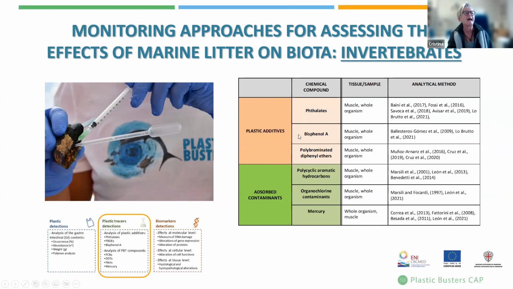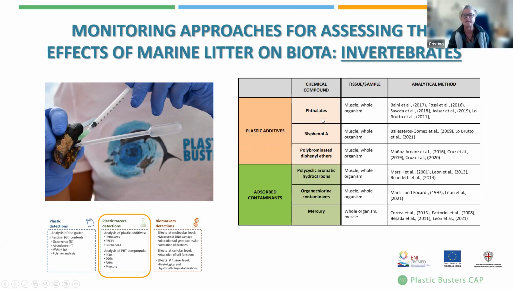Here we have underlined two different classes of plastic tracers. First, the plastic additives themselves, and here you can see the methodology to detect phthalates, bisphenol A, and polybrominated diphenyl ethers.